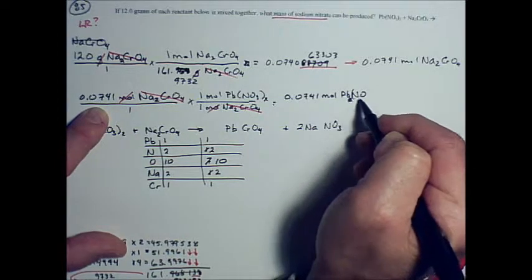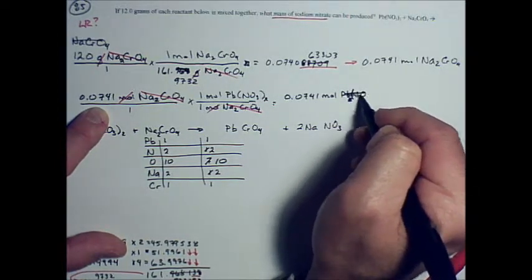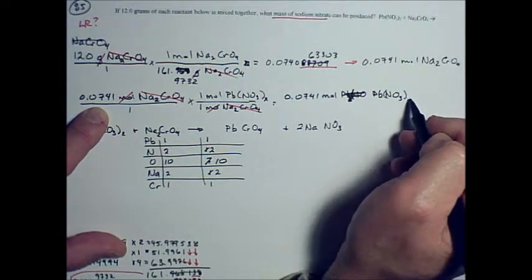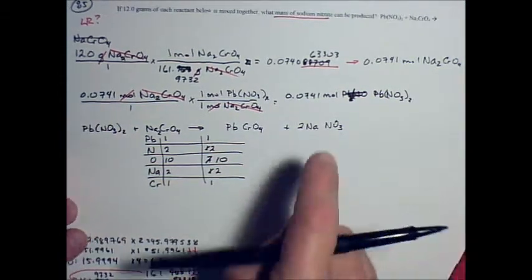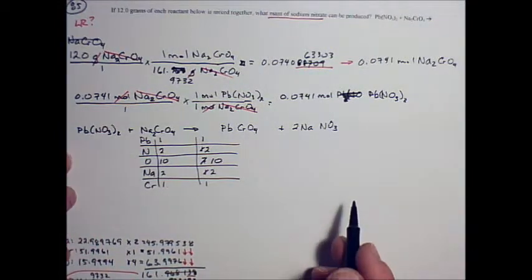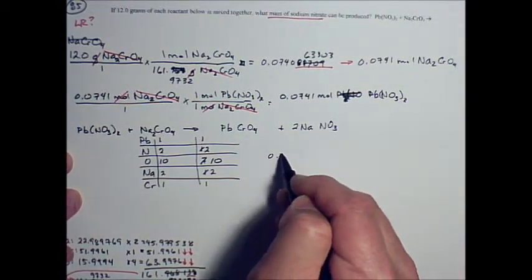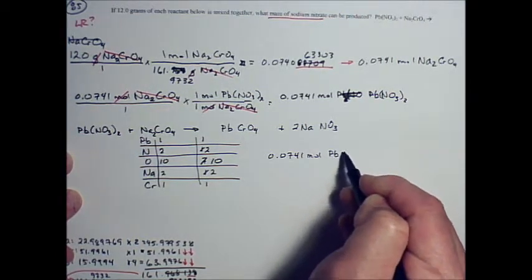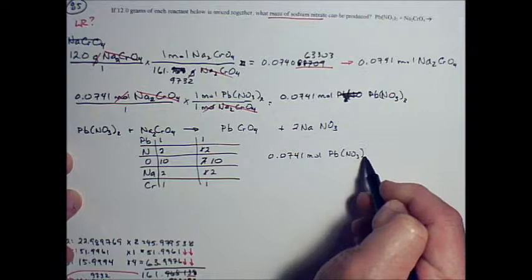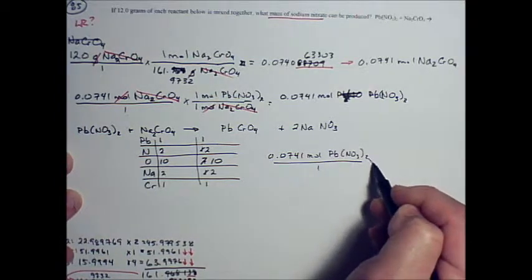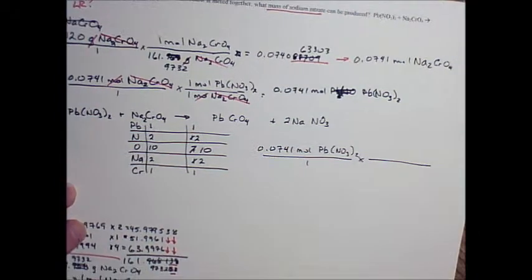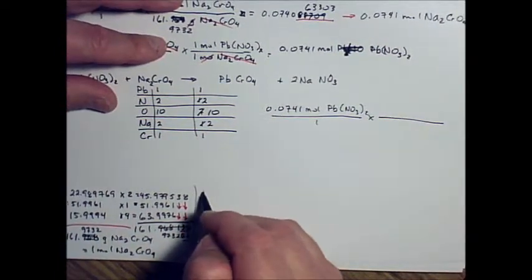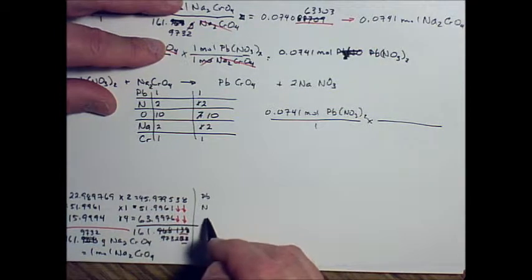No, that's not 2 there, just NO3. Okay. That becomes a new starting amount. We have to find the molar mass again. We've got lead, nitrogen, and oxygen here.